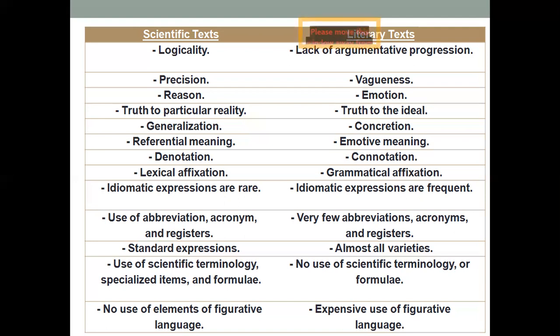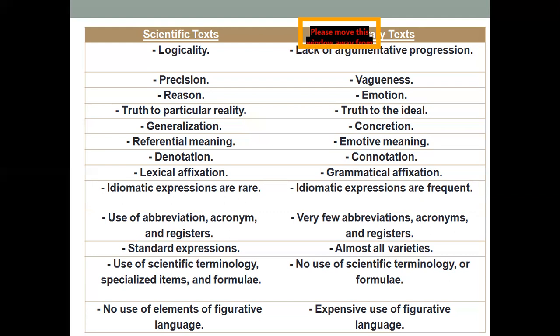While literary text usually deals with emotions and feelings, either the feelings of the author, or usually authors or poets invite their audience or their readers to share the same feelings with them, unlike scientific texts, which are logical and reasonable.